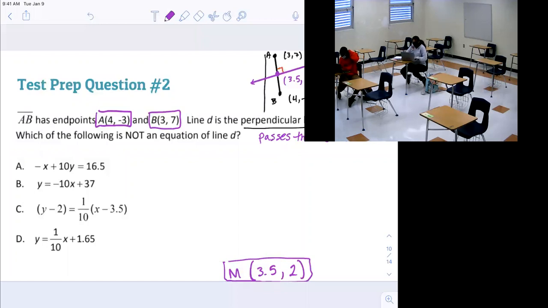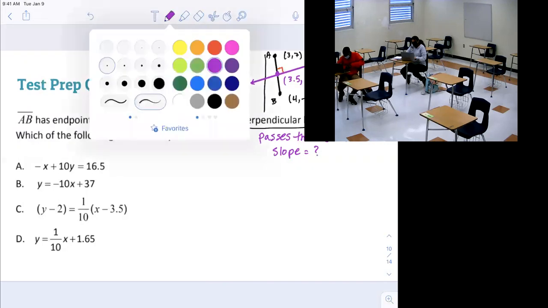But I still don't know the slope of it. So what can I do to figure out the slope of my perpendicular bisector? Yeah, I can use my slope formula.